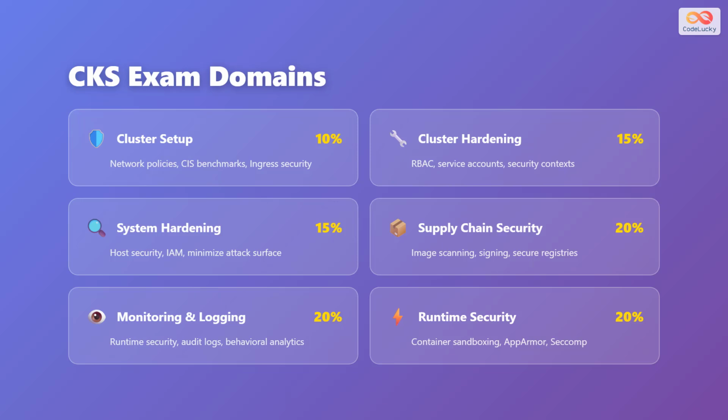Supply chain security is the largest domain at 20%, covering image scanning, signing, and secure registries. Monitoring and logging, another 20%, includes runtime security, audit logs, and behavioral analytics. Finally, runtime security rounds out the last 20% with topics like container sandboxing, app armor, and SecOps profiles.